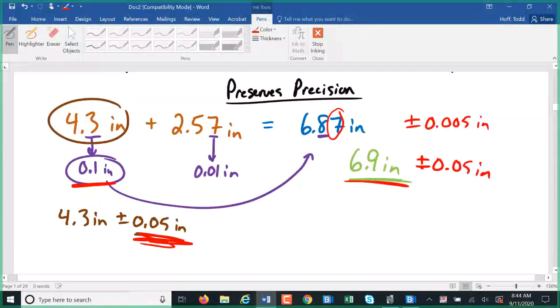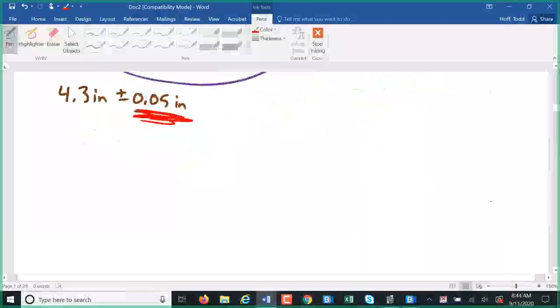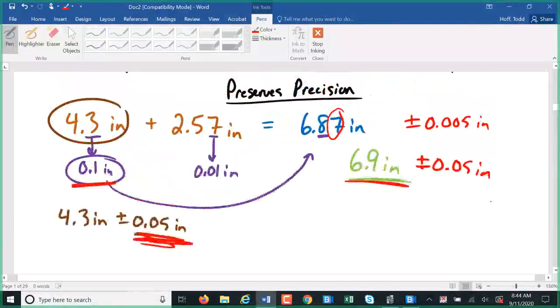So we have to report our answer so that whoever is reading that answer knows that the greatest possible error in any of those measurements used in that calculation was plus or minus 5 hundredths of an inch. So we say we're preserving precision. What we're really doing is reporting the largest possible error in the measurement.